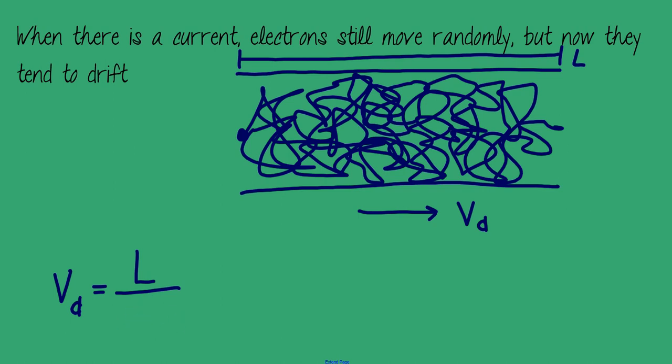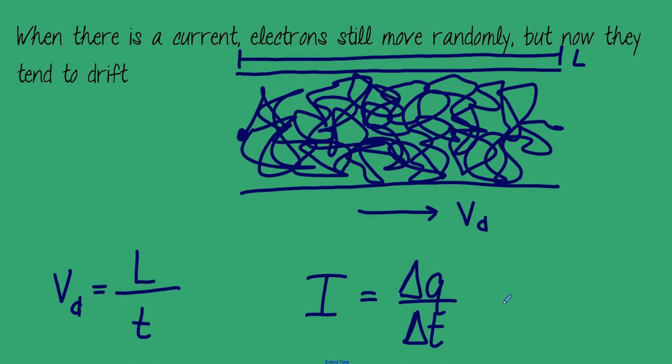And we also know that if there's a current traveling, again, we're going to talk about average current here. So instead of being the derivative dq dt, we're going to say that it's delta q over delta t.